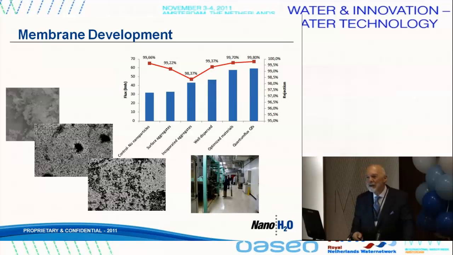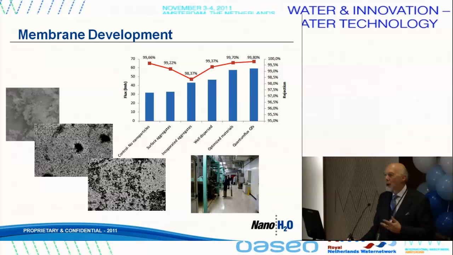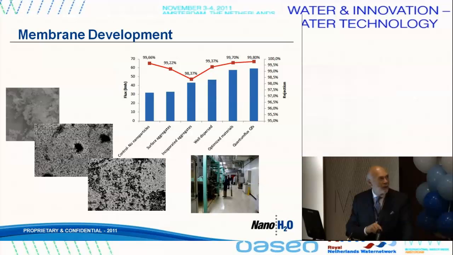Now, this was not a very happy time in the development of nanocomposite membranes. You're putting nanoparticles in, and you're getting a membrane which is not as good as the ones without nanoparticles. And the key in developing nanocomposites was really to learn about dispersion and to get the nanoparticles properly dispersed. I was involved with going through about 100 different nanomaterials, trying to optimize the materials, and every time we optimized a little bit, we got a little bit better.